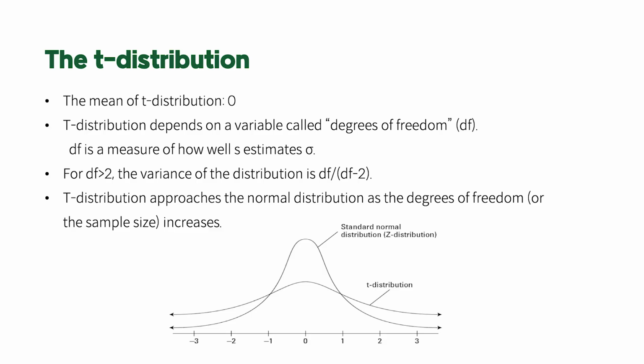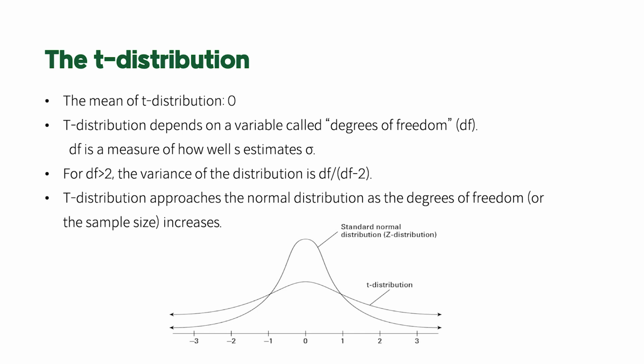But instead, we can use a different distribution, which is called the t-distribution, which is very similar to the standard normal distribution in certain cases. The t-distribution looks similar to the normal distribution, except it has one additional parameter.